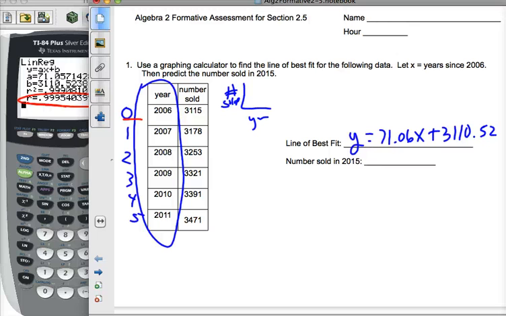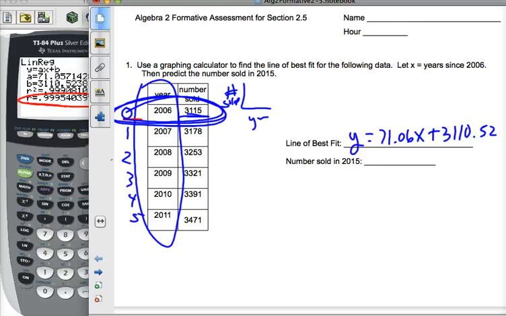That's about how many I sold in year 0, which in this case was 2006. And you can see that's really close to the 3,115 that actually happened. My equation came up with 3,110 because the dots didn't perfectly line up, where this 3,115 was the y-intercept. Want to figure the number sold in 2015?